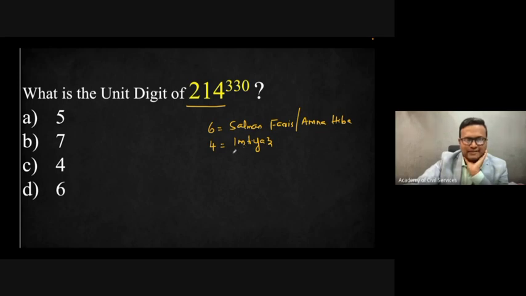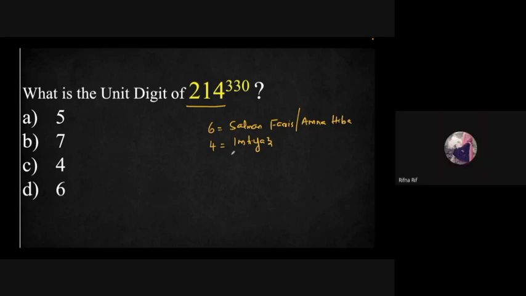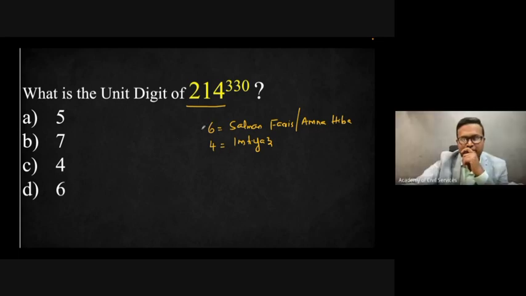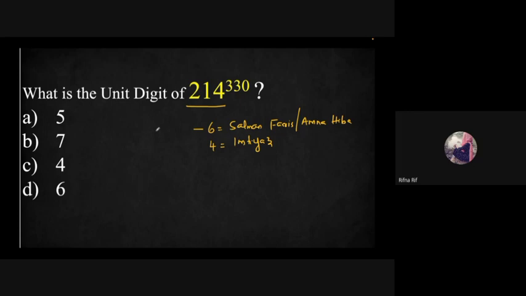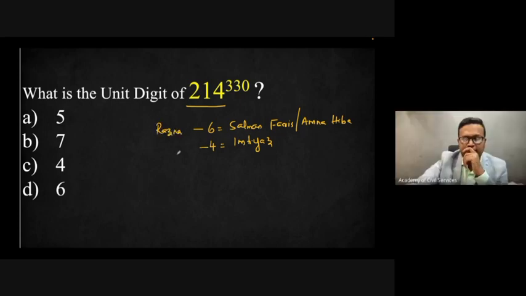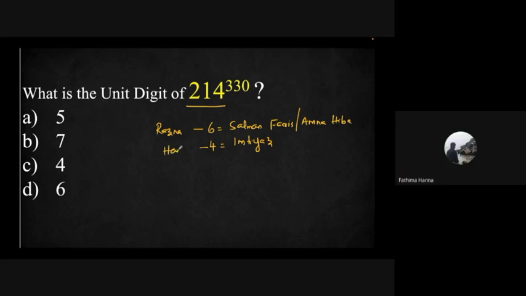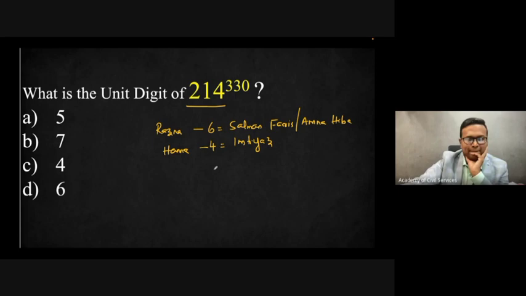Yeah, anyone else? If it's the same answer, no issue. You can tell the same answer if you are getting the same answer. 6. Yeah, 6. What is your name? Rafna. 4. What is your name? Hanna. Yeah. And anyone else want to join? I will give you some 30 seconds more.